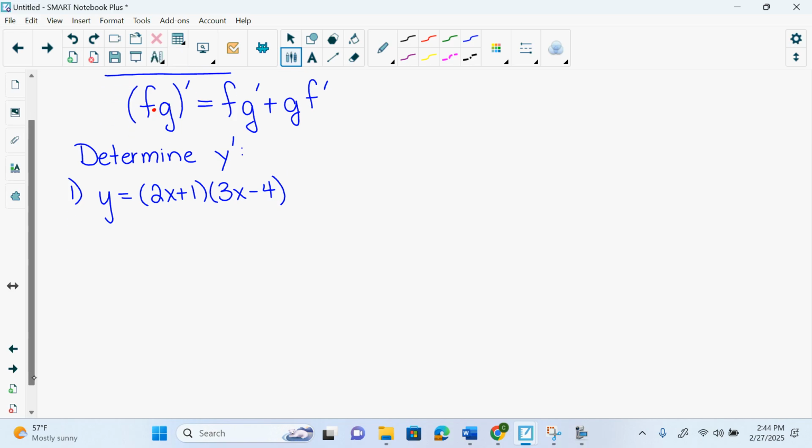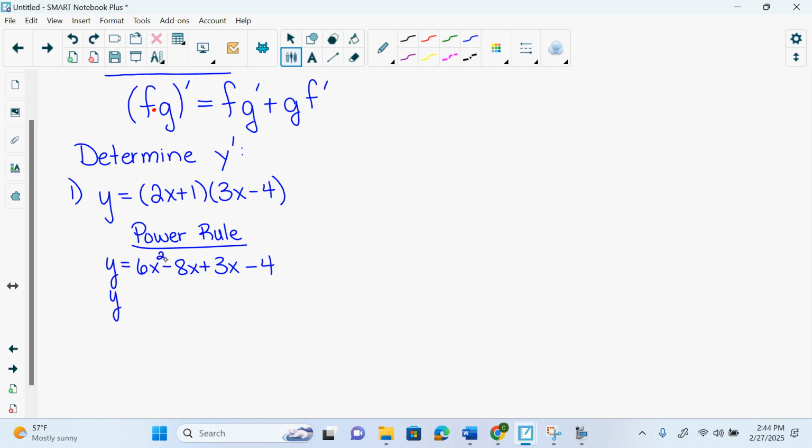So the first way we're going to do this one is power rule. So I can't do power rule currently the way it is. So what am I going to have to do first? Expand it. Get it into a form that I can do the power rule in. So I'm going to go y equals 6x squared minus 8x plus 3x minus 4. Collect like terms.